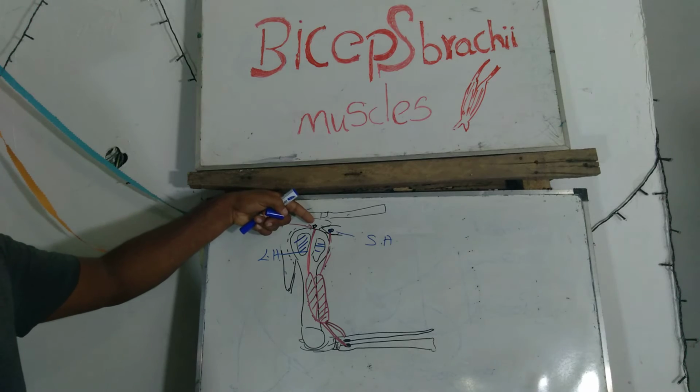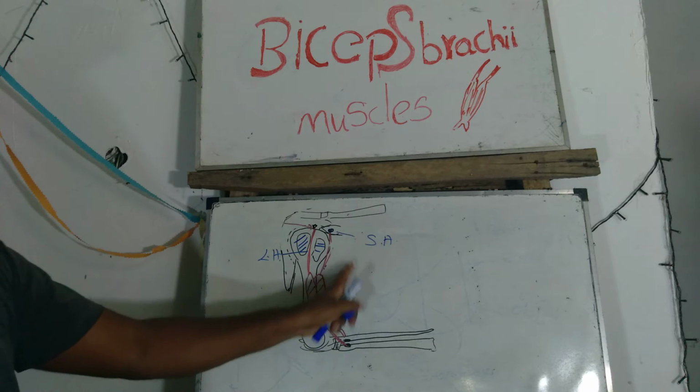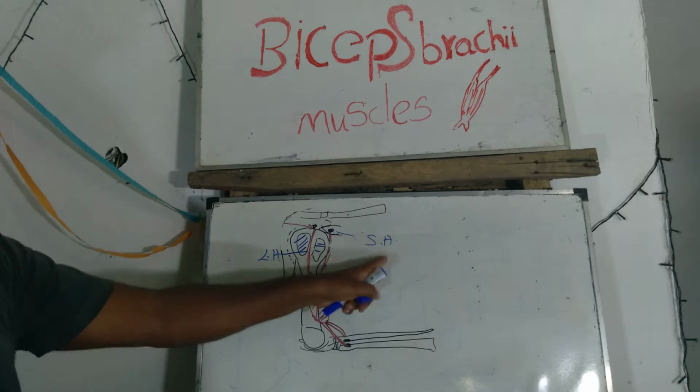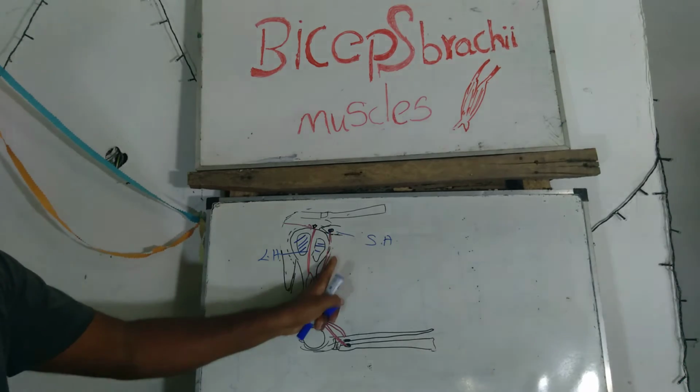This is the supraglenoid cavity, just superior, the origin of the long head. The short head originates from the coracoid process.